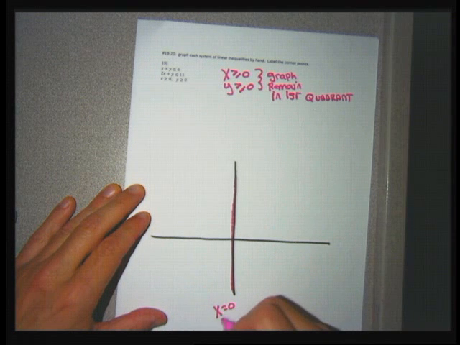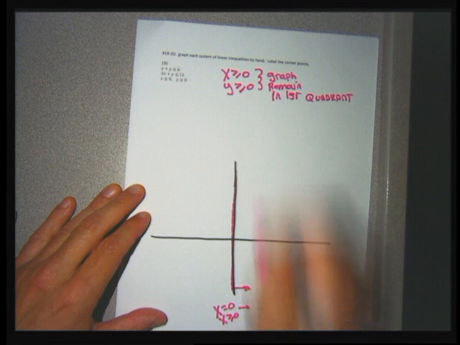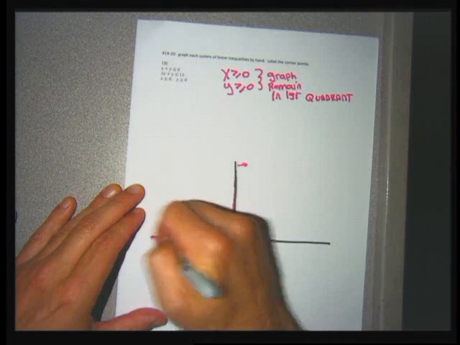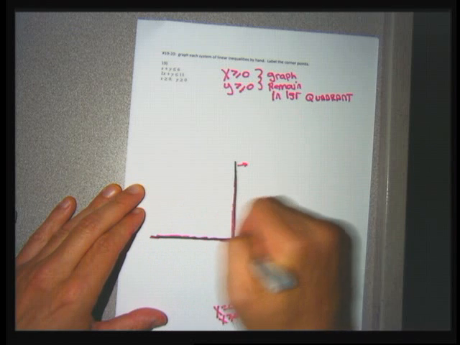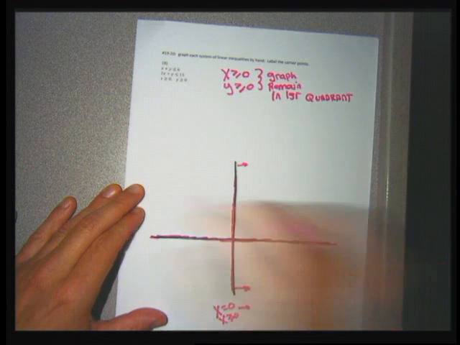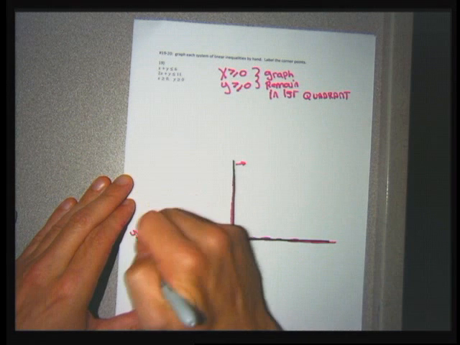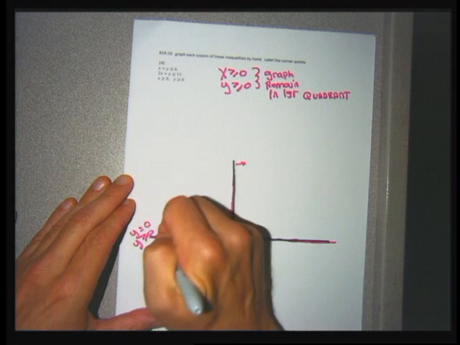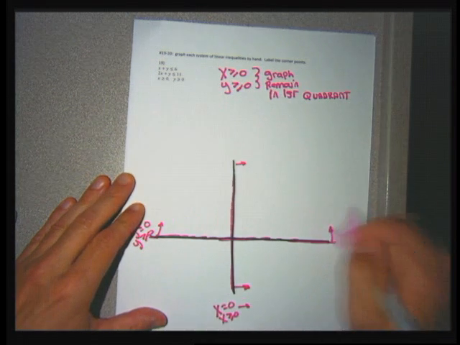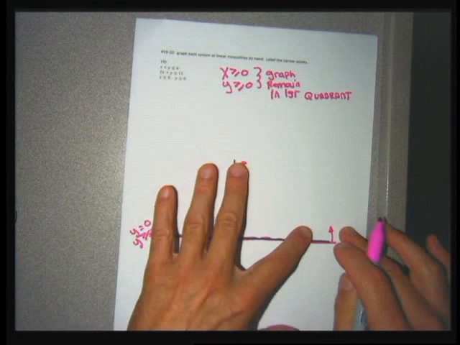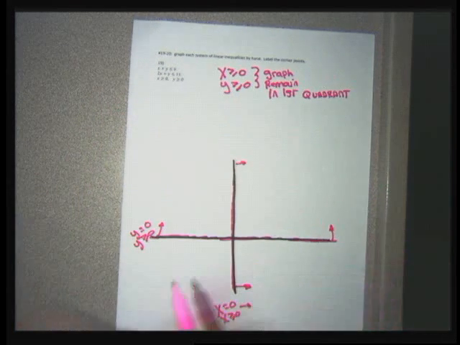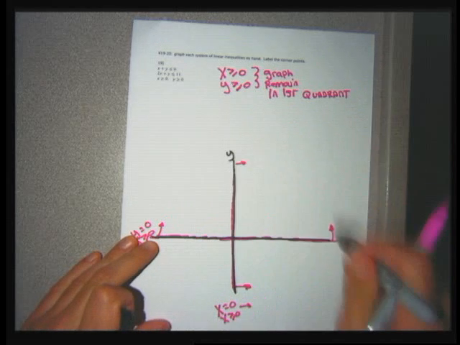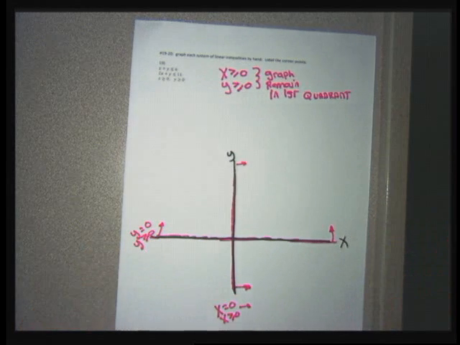And for the greater than part, I shade to the right. And then this line is the line y equal to 0. And for the greater than part, I need to shade up. So those two shadings are going to overlap to the right of the y-axis and above the x-axis. This is why I say those two keep me in the first quadrant.